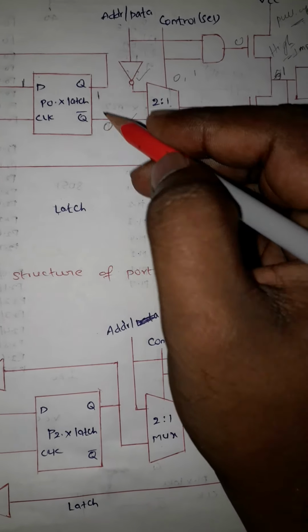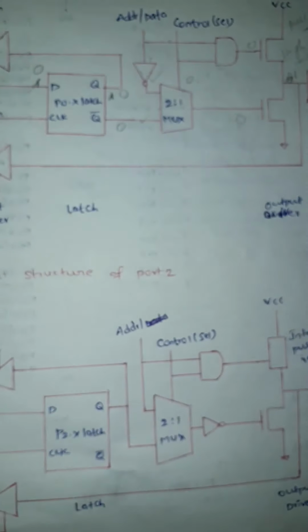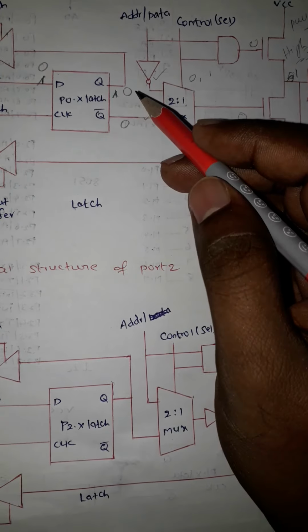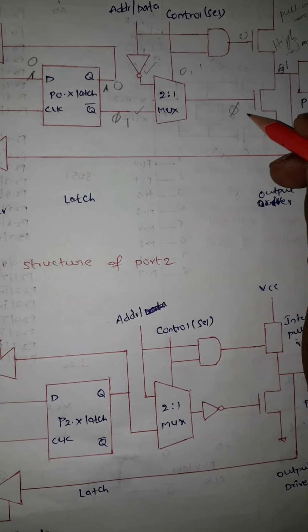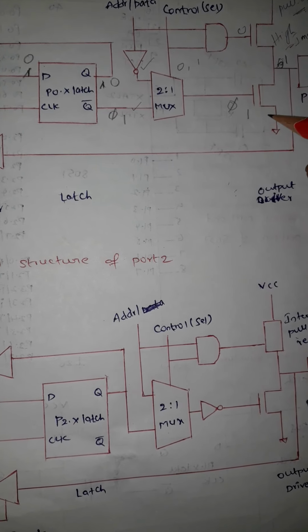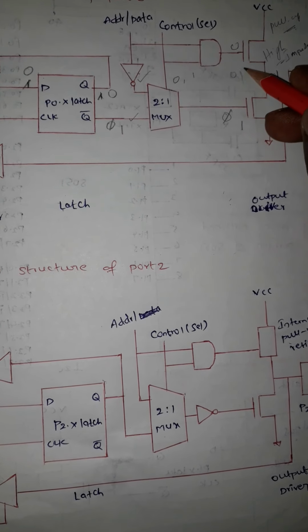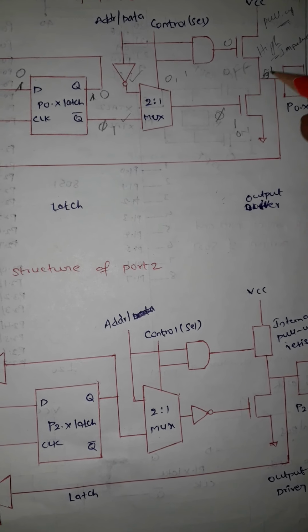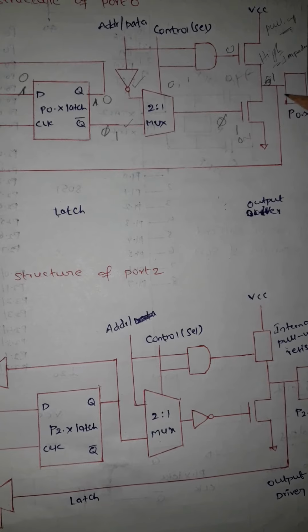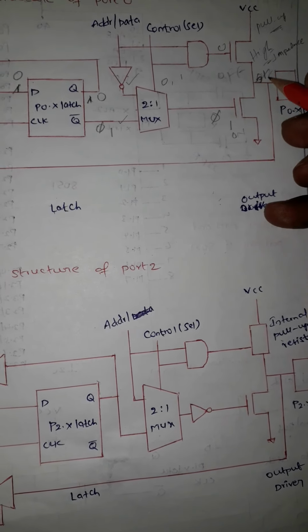For the input value 0, D input is 0, Q is 0, and Q bar goes to 1. So this is 1 and the control line is 0. This transistor goes on and this goes off. When this transistor is on and this is off, the port pin is connected to ground through the transistor, so it will receive the value 0.